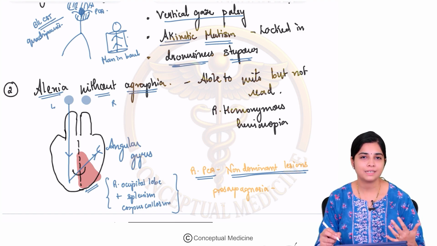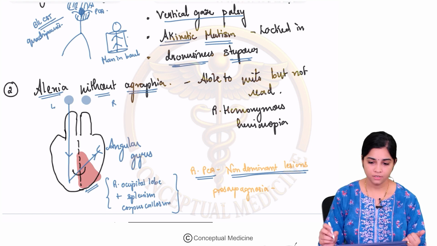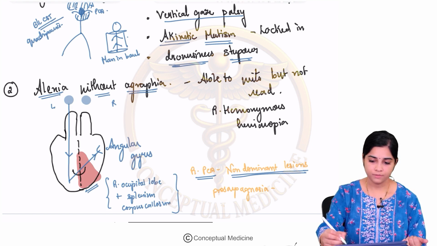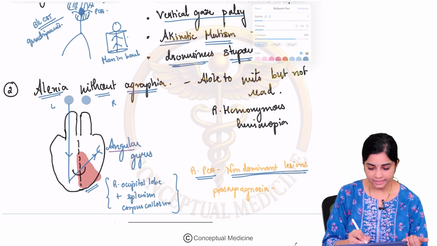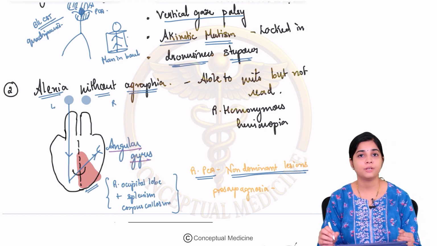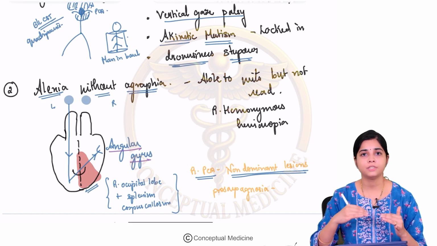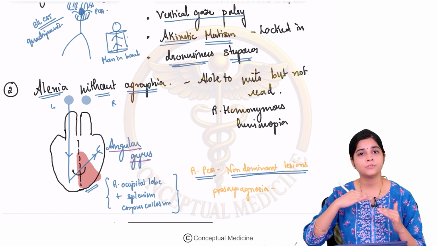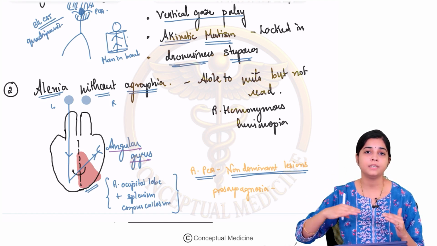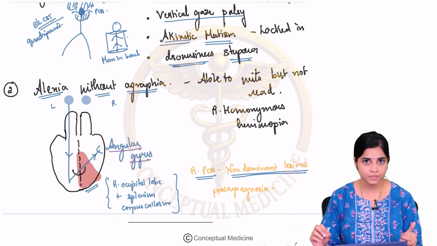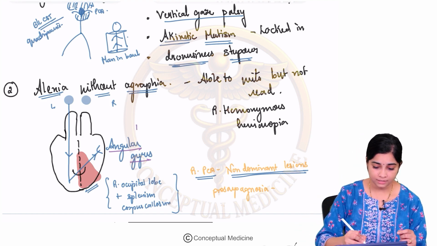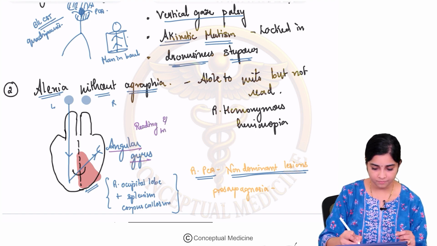So why is there alexia without agraphia? Let us understand this very important area that we call the angular gyrus. We had seen the angular gyrus in your MCA territory as well. It is present in the parietal lobe, just where the superior temporal gyrus leads into it. The angular gyrus is basically involved in reading and writing.